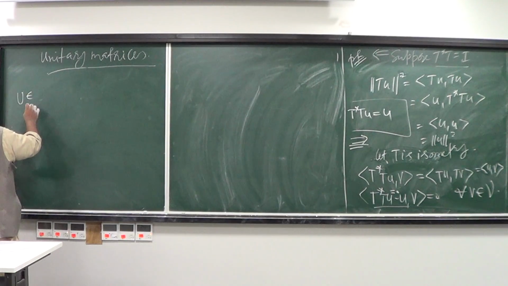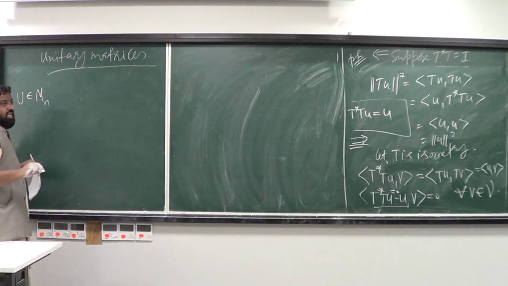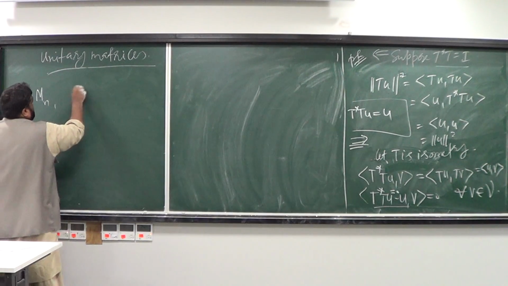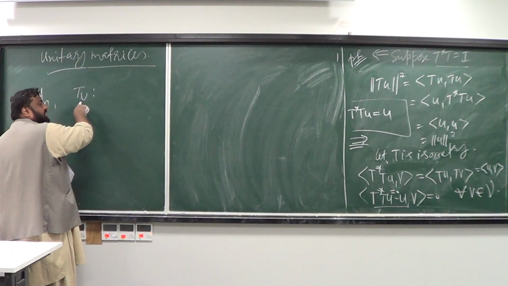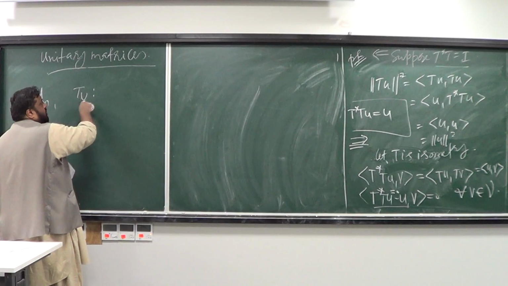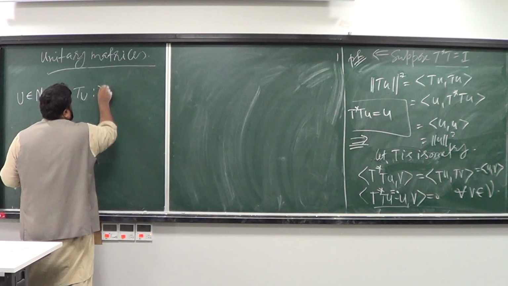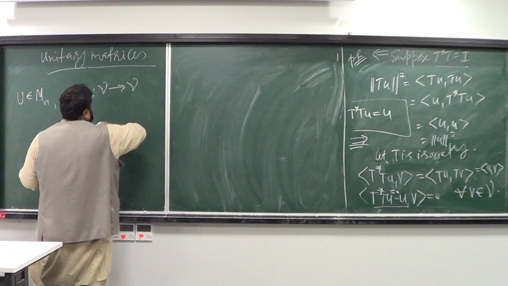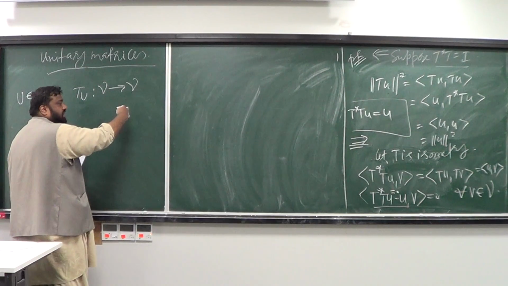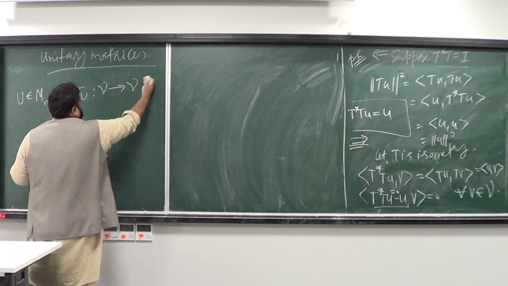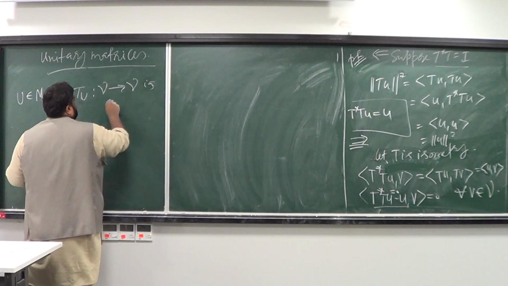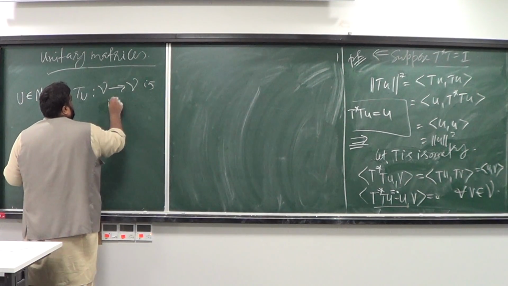Here is one way to describe them: we are interested in such n by n matrices U for which the corresponding transformation on the inner product space V, which is finite dimensional, is an isometry.